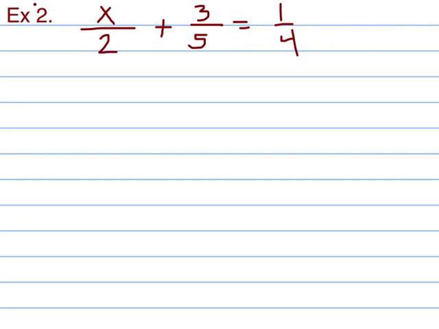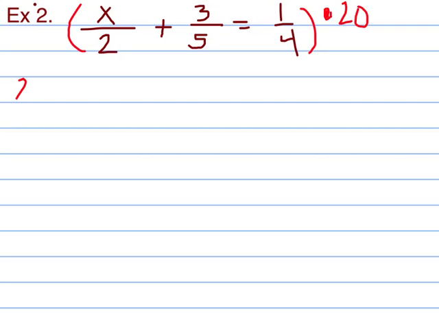We said 20 with 5, so that means that the least common denominator between 2, 5, and 4 is 20. That is the smallest number that has the factors of 2, 5, and 4 in it.